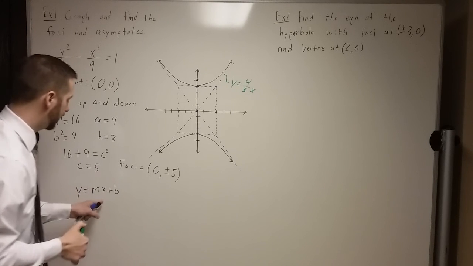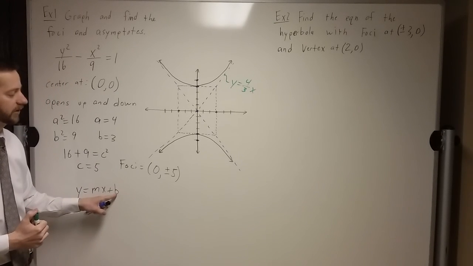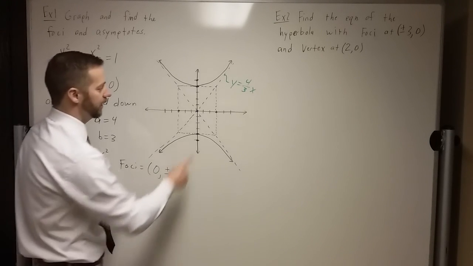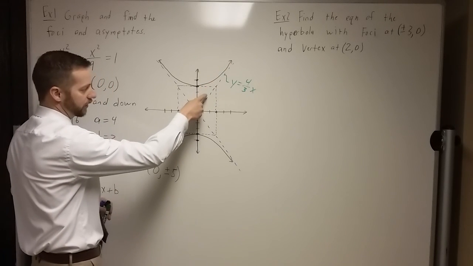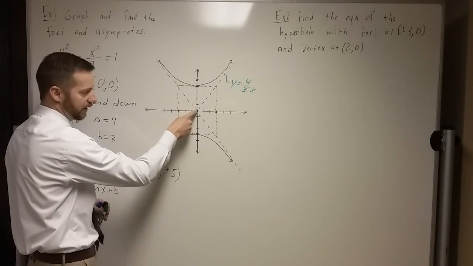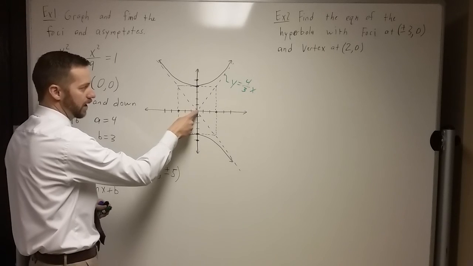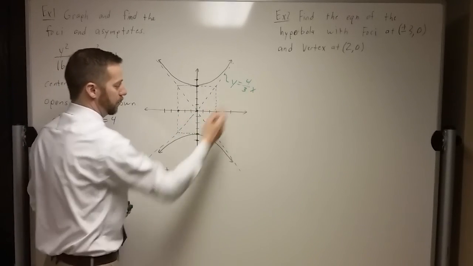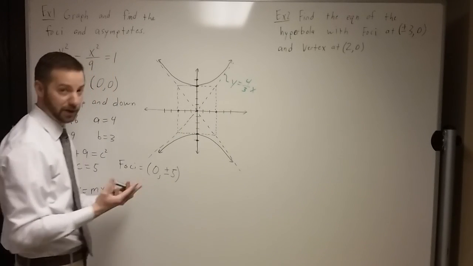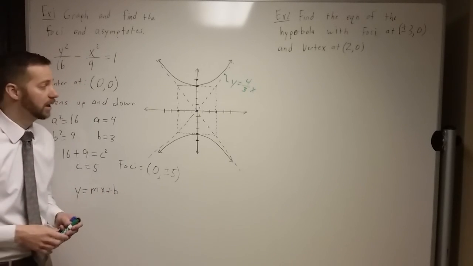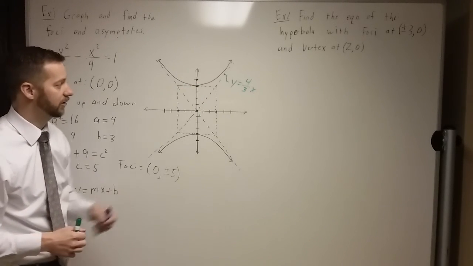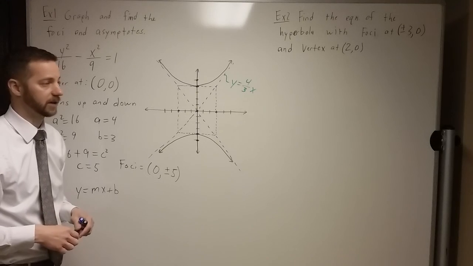And then we have to do plus b. b is the y-intercept. Now on this particular line, look at where this line hits the y-axis. It hits at 0. So if I really wanted to write that on there, I would just say plus 0. But I'm not going to bother because plus 0 doesn't do anything. And so the equation of that asymptote is just y equals 4/3 x.